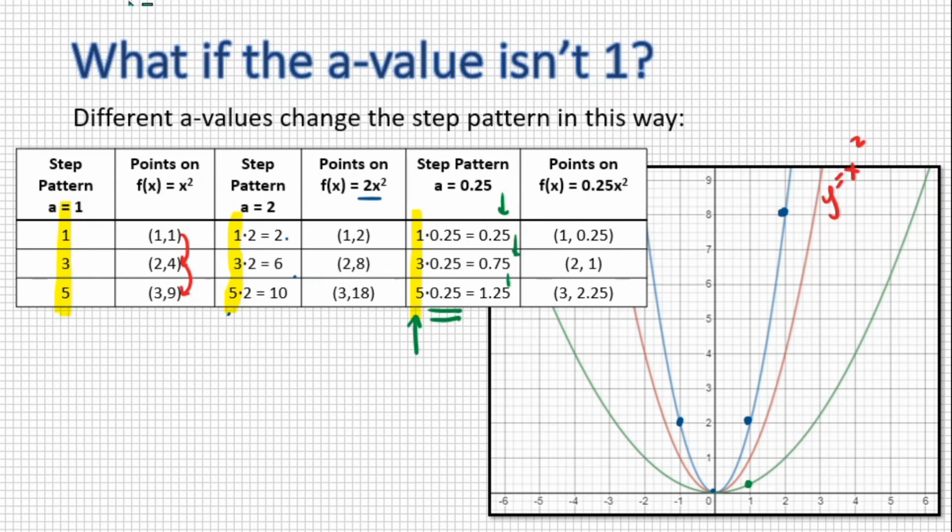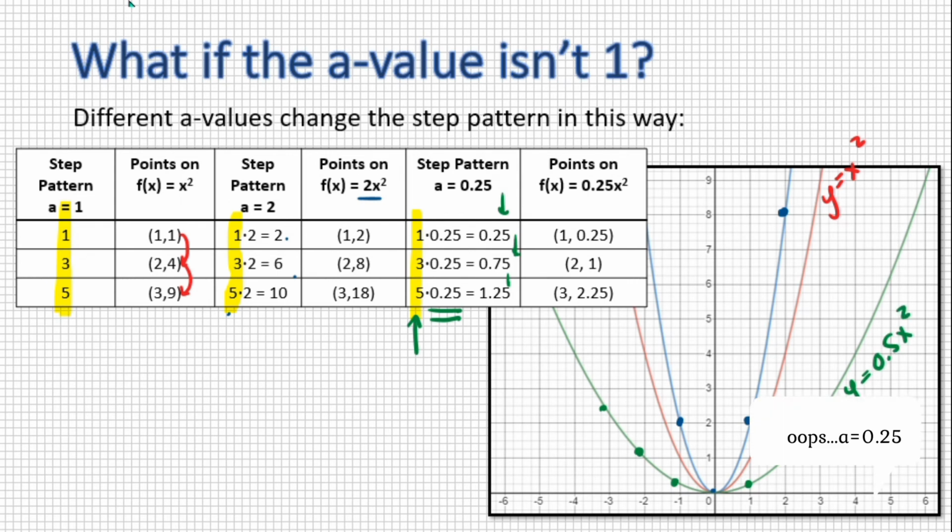And then when you multiply 3 times 0.25, the next step has to be 0.75 up in the y direction, which takes you to 2, 1. And then as you go to number 3, you multiply 5 times 0.25, and it takes you up 1.25. So you're back over here. And you can mirror that without doing any math or calculations in the negative. So here is y equals 0.25 x squared.